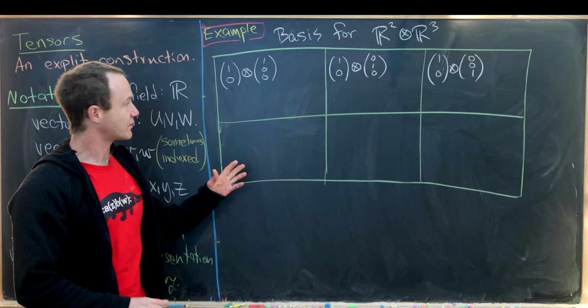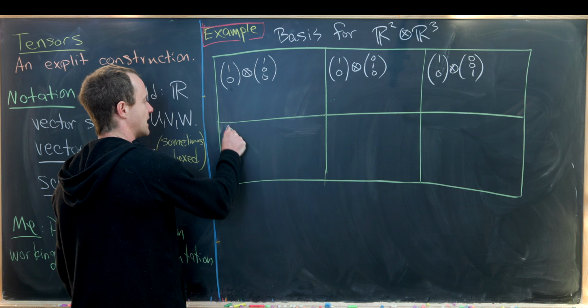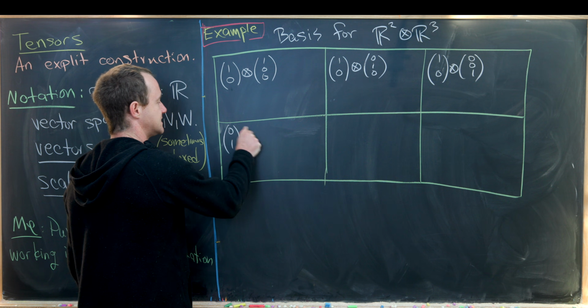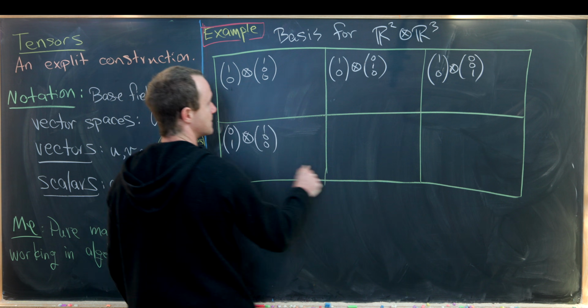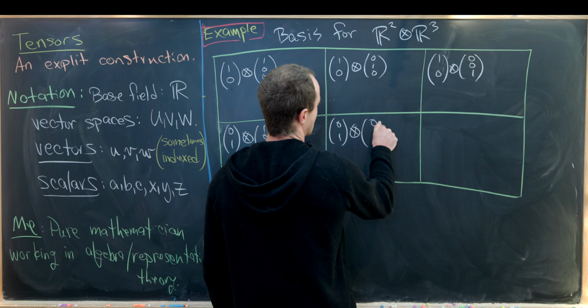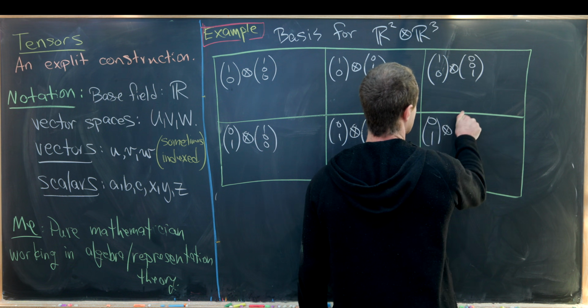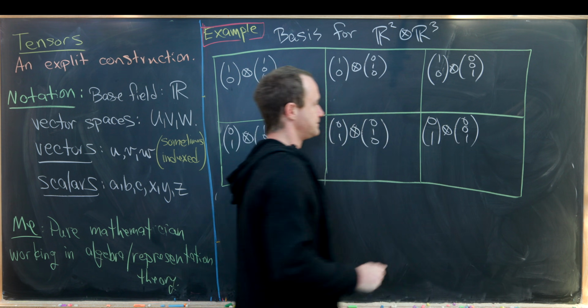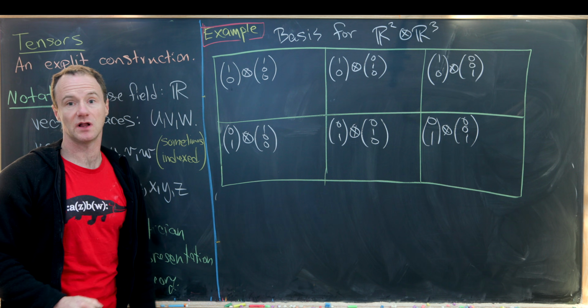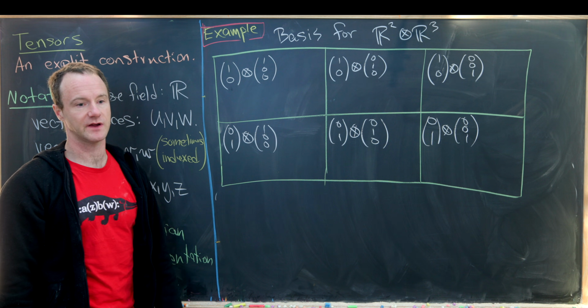And then we've got three more built off of the second basis vector for R2. So we've got (0, 1) tensor (1, 0, 0). And then (0, 1) tensor (0, 1, 0). And then (0, 1) tensor (0, 0, 1). So there's our total of 6 basis vectors for R2 tensor R3.